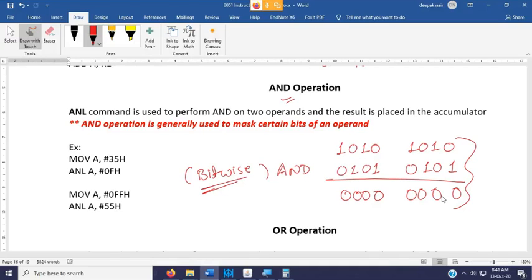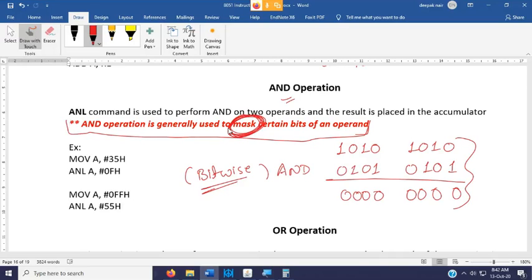Clear, that's true. But generally these operations are used for masking certain bits. This is the most important thing. We do not look into the AND operation from this perspective. We actually can use the AND operation to mask certain bits.